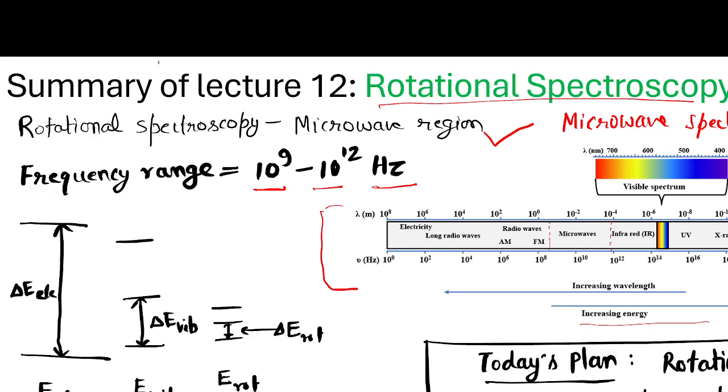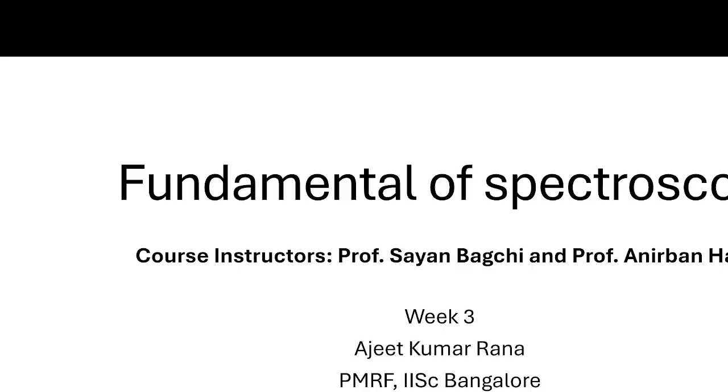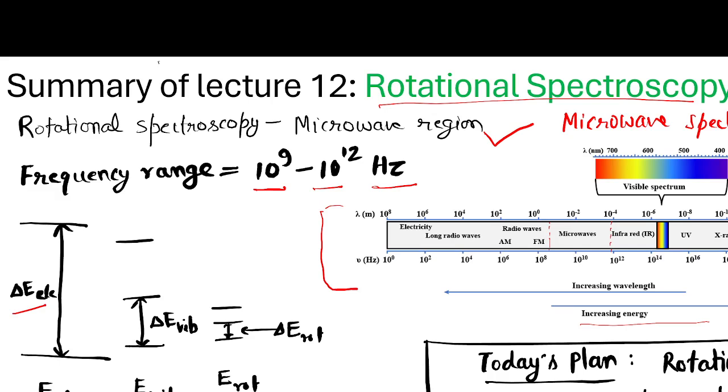If you see here, in a molecule there can be different transitions. For example, we can see the transition between electronic energy levels. The energy difference for this transition, delta E electronic, will be much higher than the energy difference between two vibrational energy levels, which we represent as delta E vibrational.